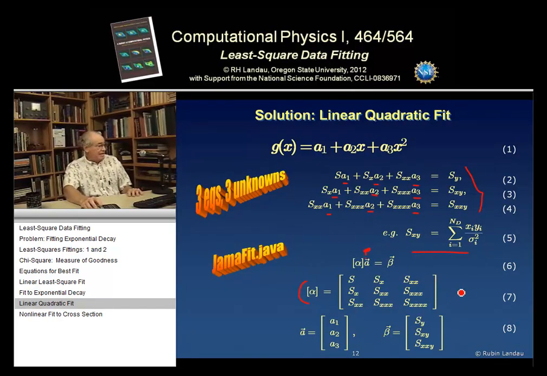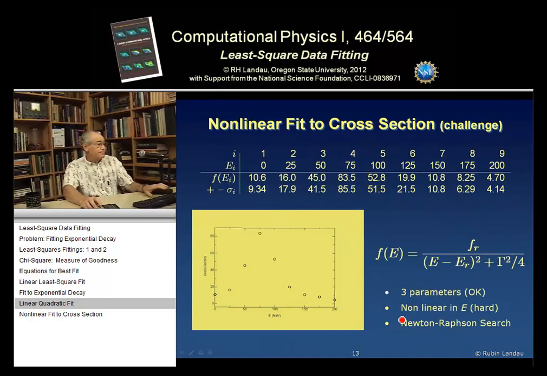And I'm a nice guy, okay? So if you recall, when we looked at the JAMA matrix library, we did a sample problem. It's called JAMA-fit.java. It actually solved the previous linear equations for you as an example of matrix fitting, and here we can do it as well. So this is a very good exercise.